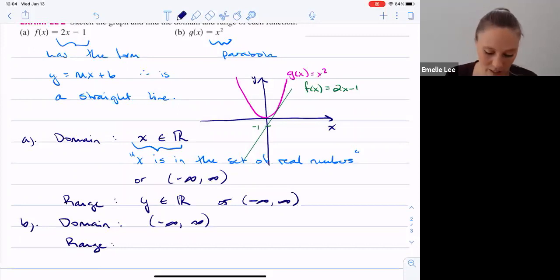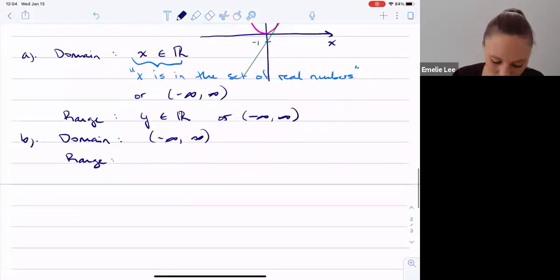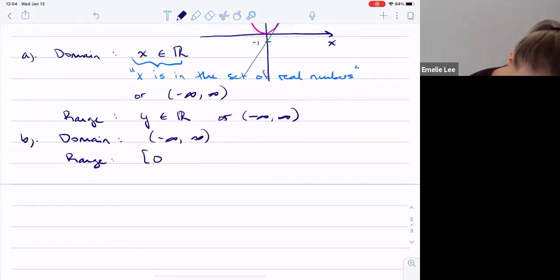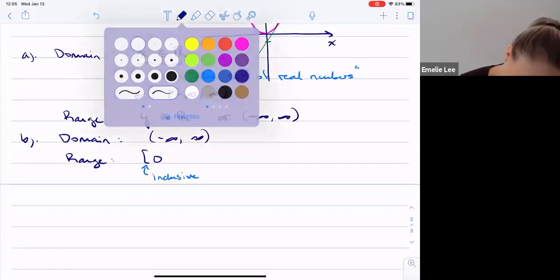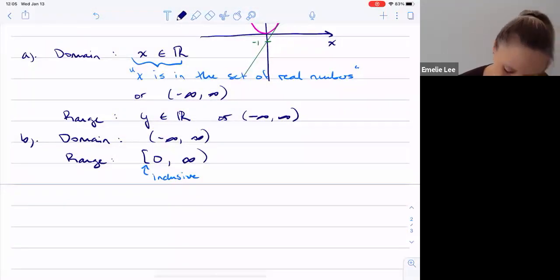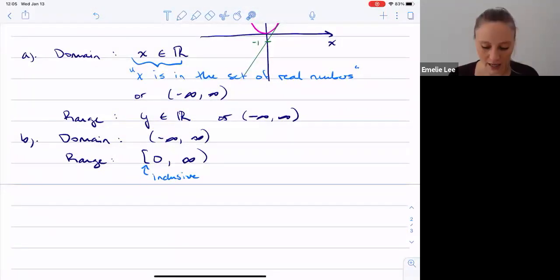And so the range here is including 0. So starting at 0, right, inclusive, and then it's going up to positive infinity. And just remember, infinity is not a number, so we always have a round bracket around infinity, right? Same thing here, negative infinity, positive infinity, we always have round brackets. Okay. Good.